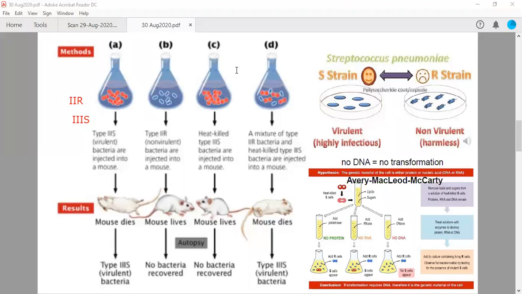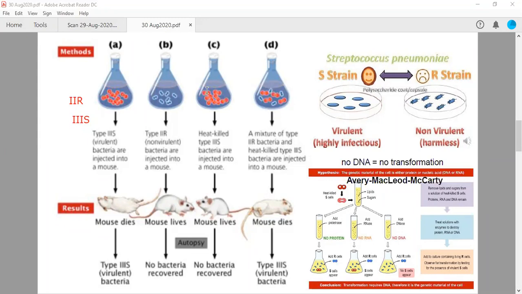Now what will you do? Because type 3 S is virulent, you heat-kill these bacteria. After heating, the DNA will be disintegrated, and if you inject these heat-killed type 3 S microorganisms, the mice will survive and no bacteria are recovered after autopsy. But the last experiment is known as the transforming principle.